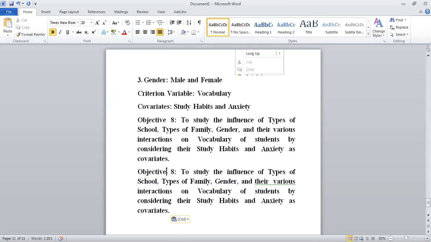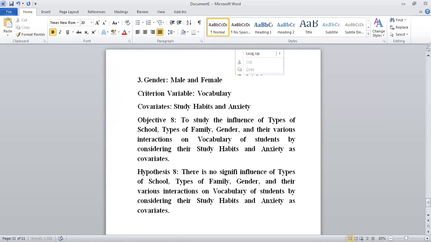So the hypothesis will be: there is no significant influence of types of school, types of family, gender, and their various interactions on vocabulary of students by considering their study habits and anxiety as covariates.